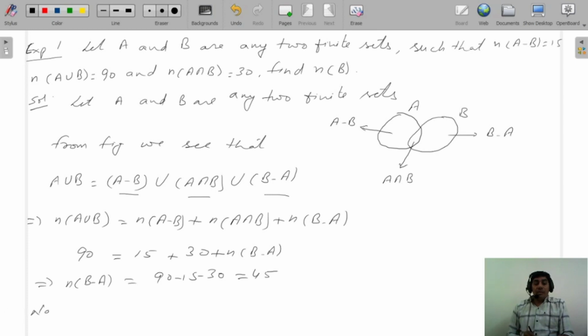Now n of B is equal to n of B minus A plus n of A intersection B. This implies n of B is equal to 45 plus 30 is equal to 75, which is our required answer.